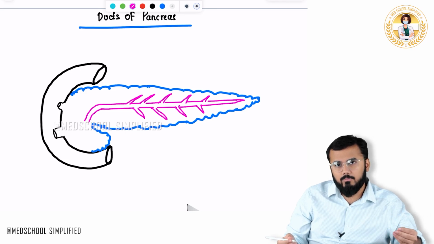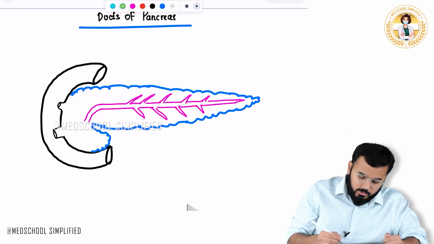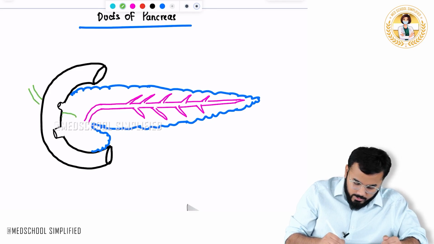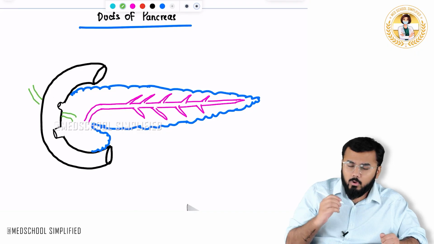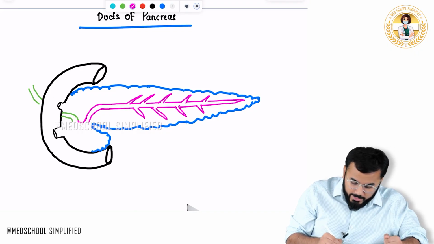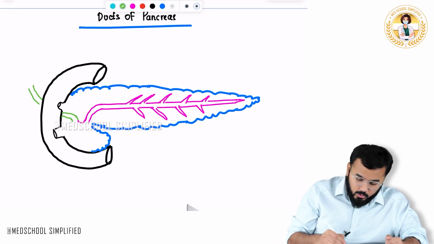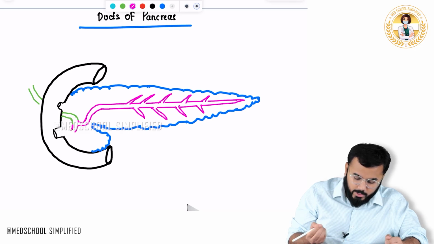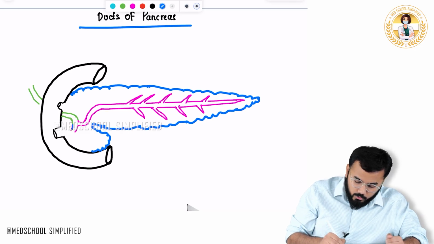From the liver you have got the common bile duct that is coming. So let us say this is the common bile duct which is coming all the way like this. Now look what is happening. This common bile duct as well as this main pancreatic duct both join together like this, and they form a new duct.